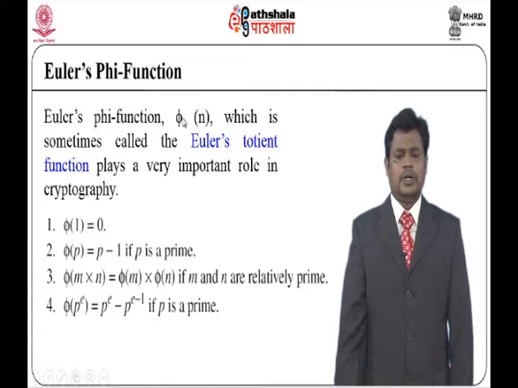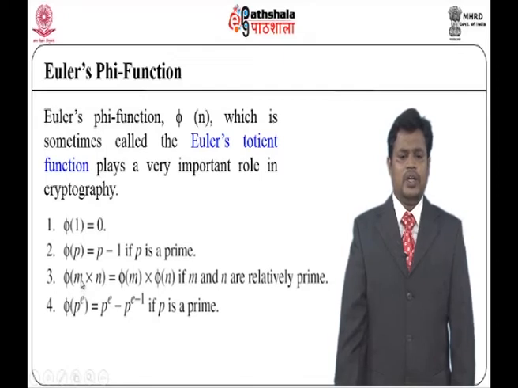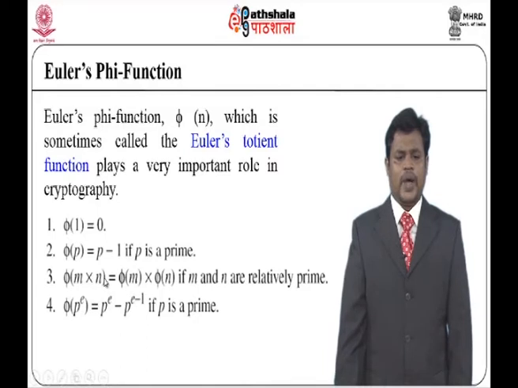For example, what is phi of 10? Suppose I take 10, then 10 can be given by 2 into 5, which comes under rule 3. So, phi of 10 is phi of 2 into phi of 5.